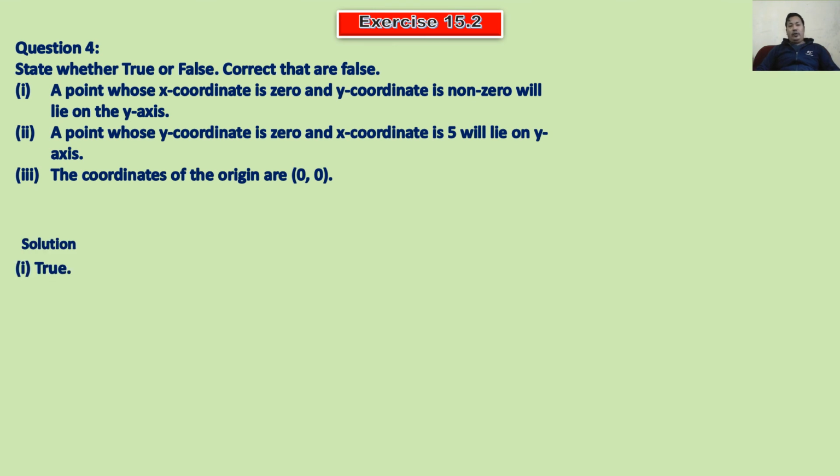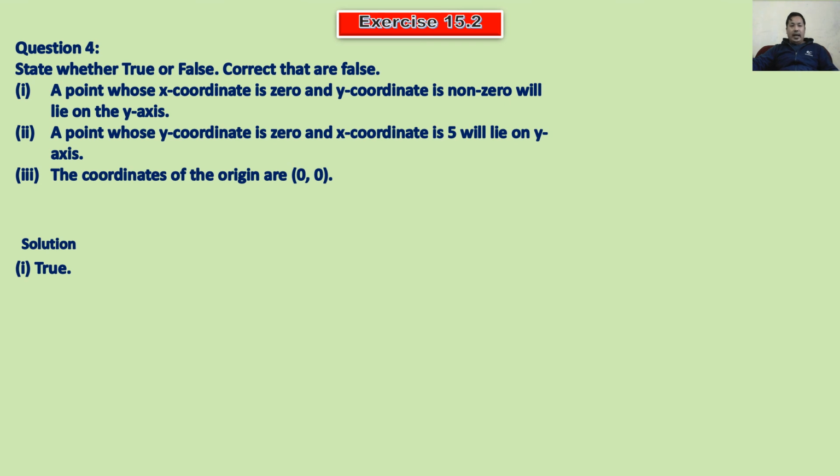1 is true. 1 is true means you can see that if the x coordinate is 0, always it will fall on the y-axis. Once again, if the coordinate of x is 0, always 0, and y is non-zero, then it always will fall on the y-axis, not on the x-axis, because x is 0.